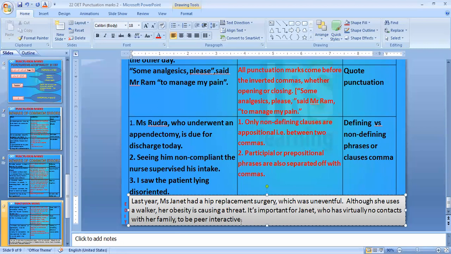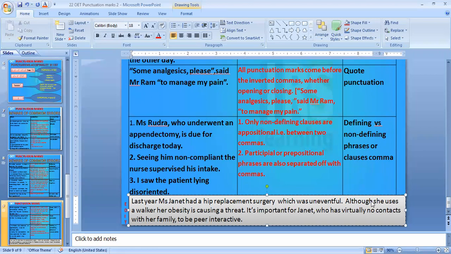So now you have become very successful and perfect in punctuation. Last year, comma, because it is a signpost. Miss Janet had a hip replacement surgery, comma, because which was uneventful is appositional or extra information. Although she uses a walker, this comma is because of the clause ending. Please remember, I remember many OET students put a comma after although.